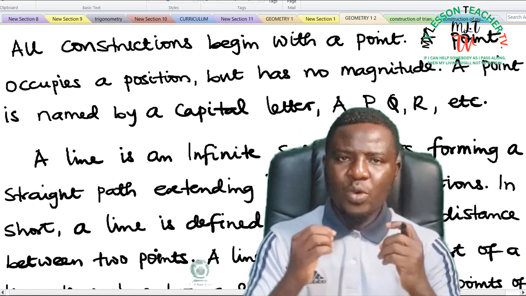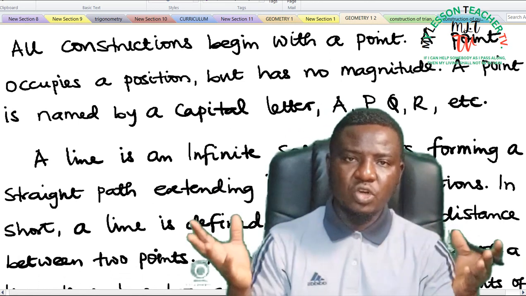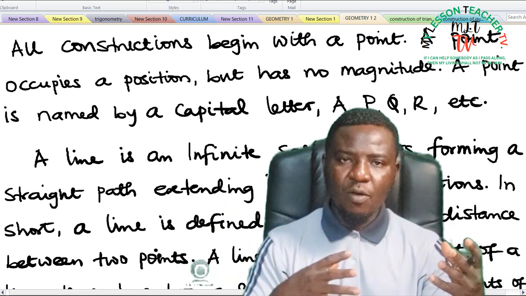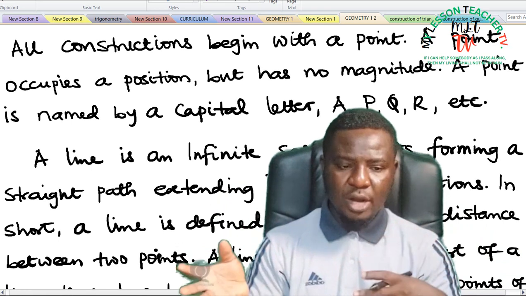With that knowledge, we're able to see how we can construct a triangle ABC, and we will look at other complex forms of construction of a triangle.